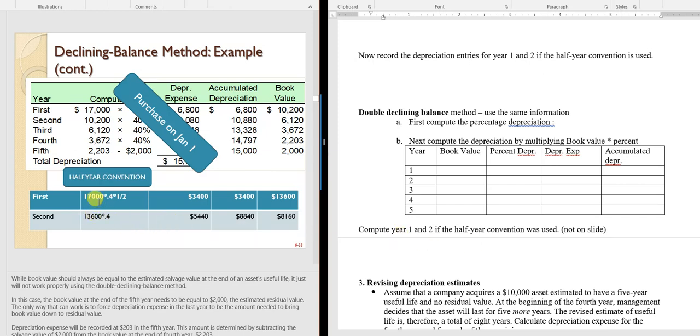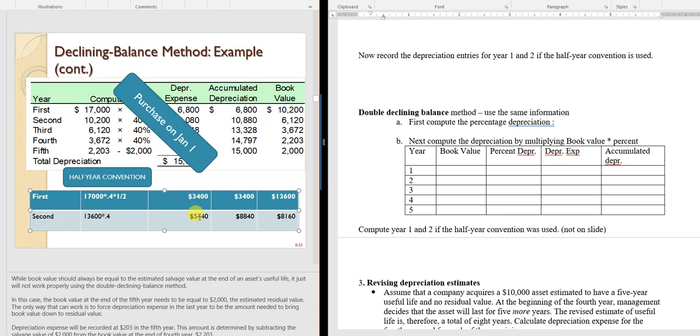I take 17,000 times 40%, but I assume I purchased it on June 30th, so I just take it times 1/2 year. So 17,000 times 0.40 times 1/2 year is $3,400. So my accumulated depreciation is $3,400. Now my book value is 17,000 minus 3,400, which gives me a book value of 13,600. So 13,600 in year 2 times 40% gives you 5,440.